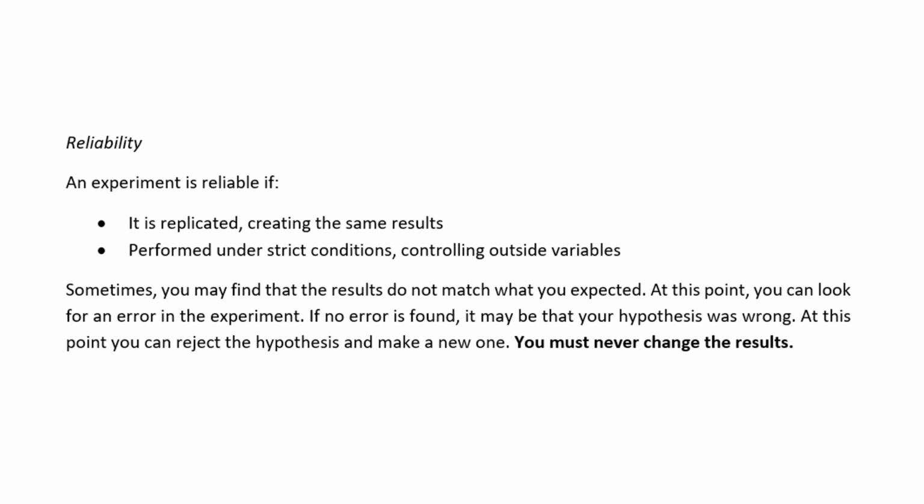Sometimes, though, you may find that the results do not match what you expected. Think about that video. The first 2 times that we did it, the objects hit the floor at the same time. But the 3rd time we did it, the objects did not hit the floor at the same time. Why not? Well, sometimes you need to look for an error in the experiment.